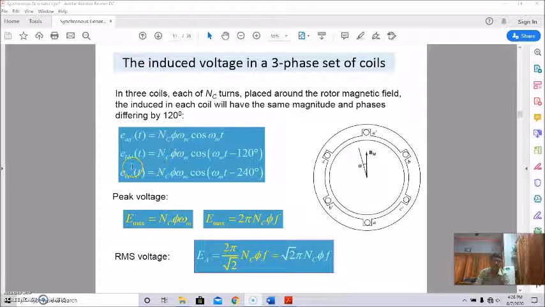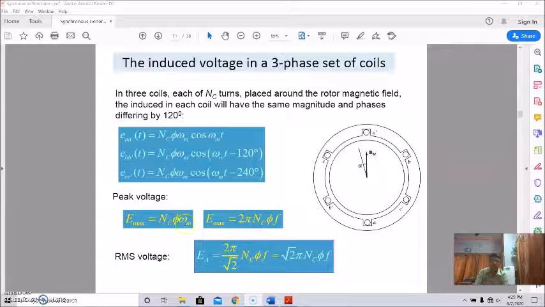For the B coil it is NC phi omega m cos(omega m t minus 120 degrees), and for the C coil ECC is NC phi omega m cos(omega m t minus 240 degrees), or omega m t plus 120 degrees. The peak voltage is Emax, equal to NC phi omega m.